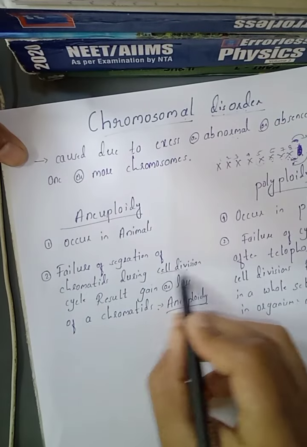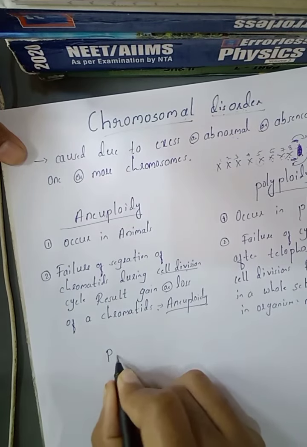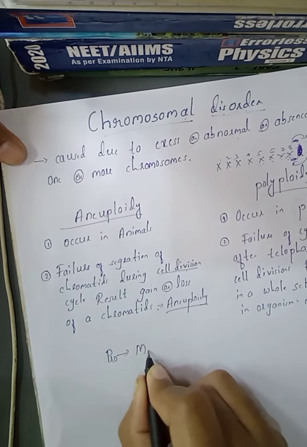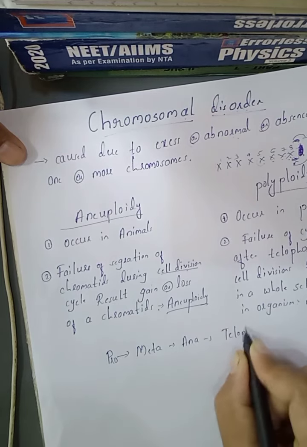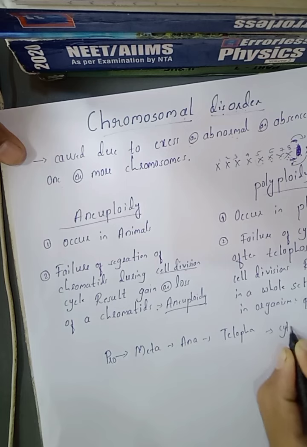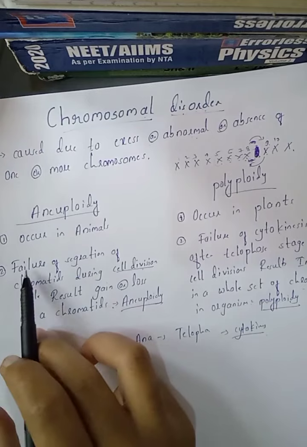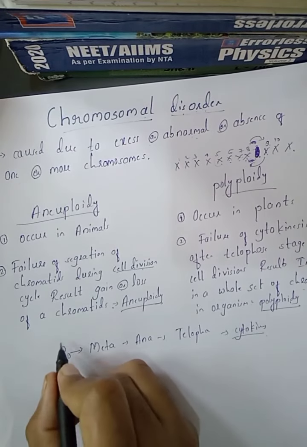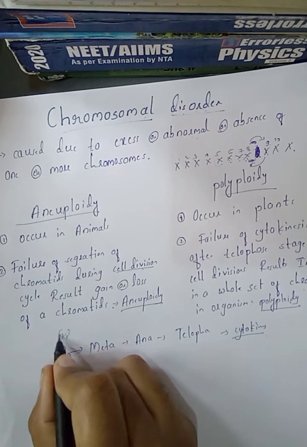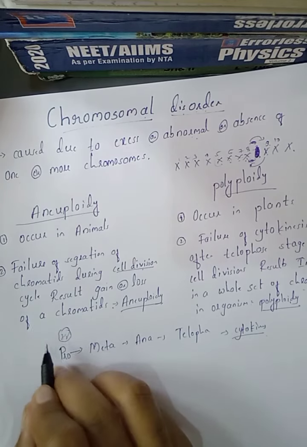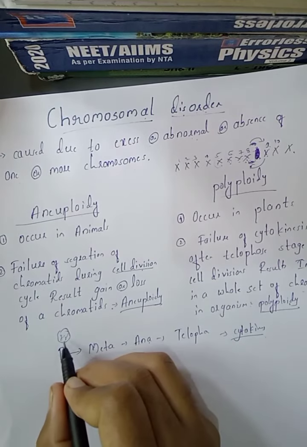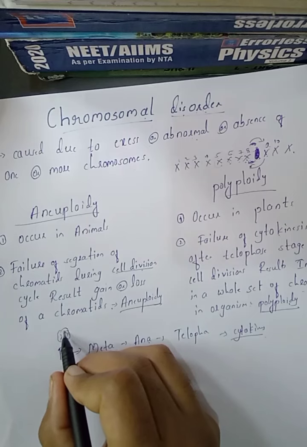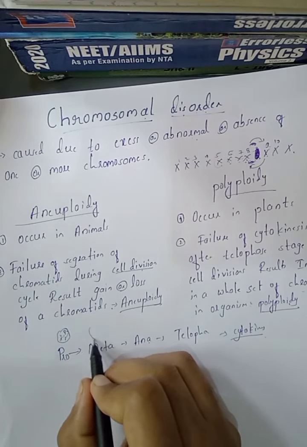In cell division, first the prophase occurs, then metaphase, then anaphase, then telophase. Then cytokinesis also occurs. Aneuploidy is the failure of segregation of chromatids. In prophase, the chromosomes and chromatids are arranged in the nucleus. Then in metaphase or anaphase, there may be one chromosome or two or three.